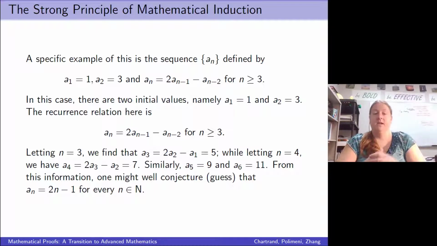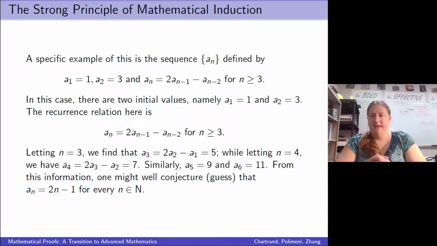Well, a sub 4 equals 2 times a sub 3 minus a sub 2. And I have values for a sub 3 and a sub 2, so a sub 4 is actually equal to 2 times 5 minus 3. So a sub 4 equals 7. And building this up, I can keep on going and I can get to a sub 5 is 9, a sub 6 is 11, and so on.